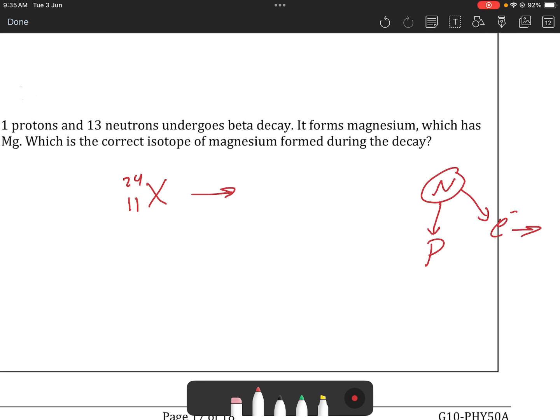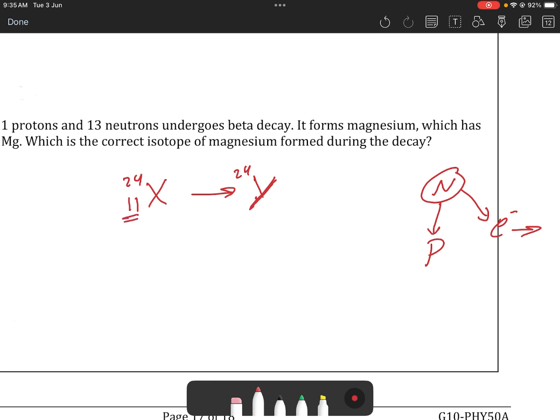So the number of nucleons, let's call it Y now in general, will not change. 24 will stay 24, because the neutron converted to a proton.